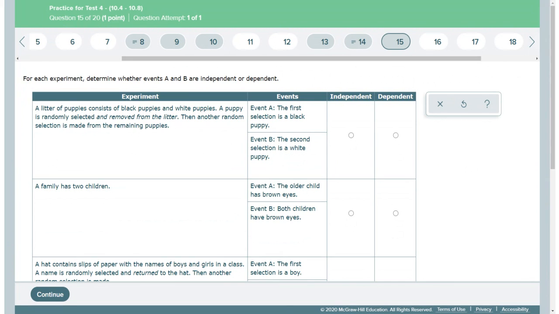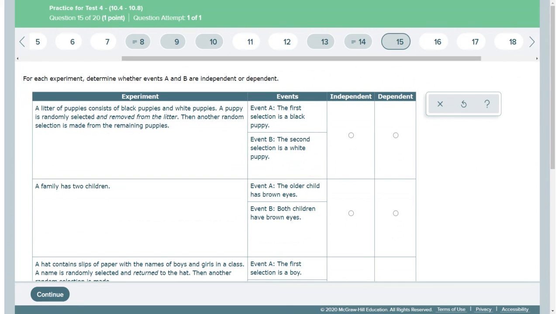A litter of puppies consists of black puppies and white puppies. A puppy is randomly selected and removed from the litter. Okay, it means you're going to take him out. Then another random selection is made from the remaining puppies. Is this independent or dependent?